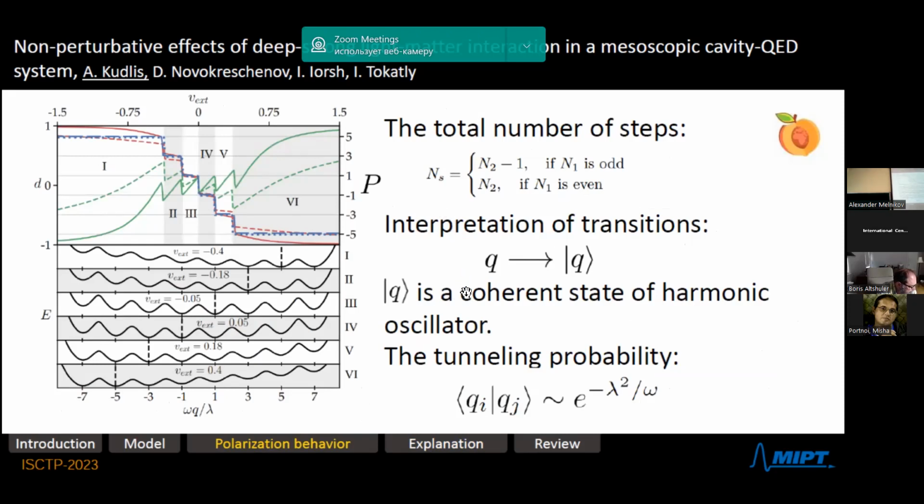Here we've also presented some ansatz regarding how to explain how long the step is. It can be done if we associate each minimum with some coherent state of the harmonic oscillator and consider the whole wave function as a linear combination, and try to analyze the probability of tunneling between these local minima.